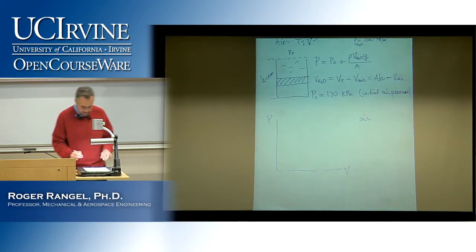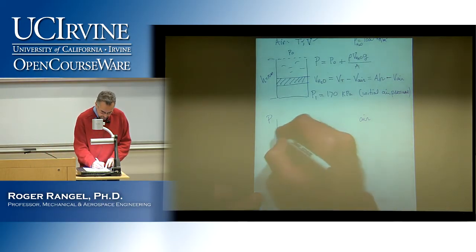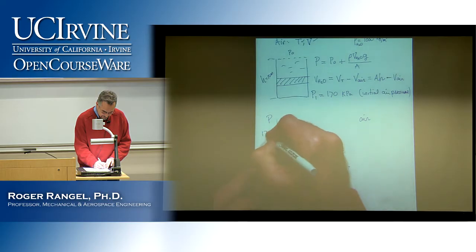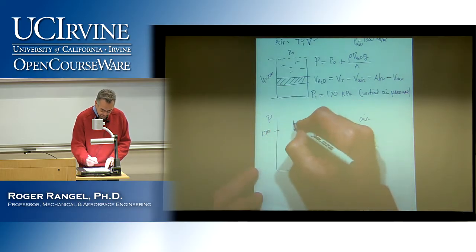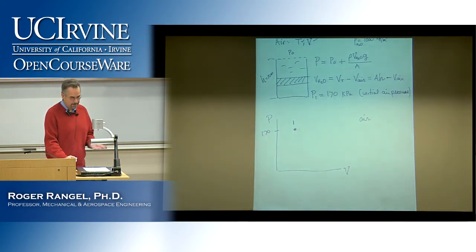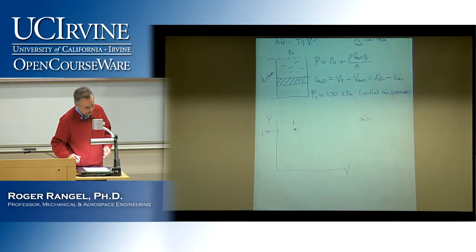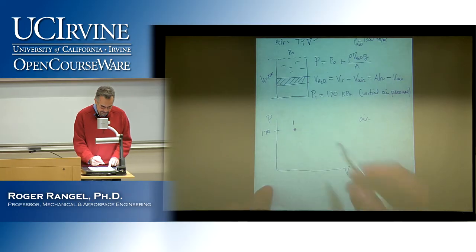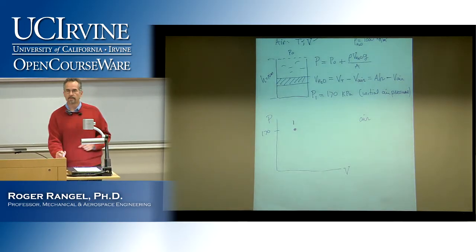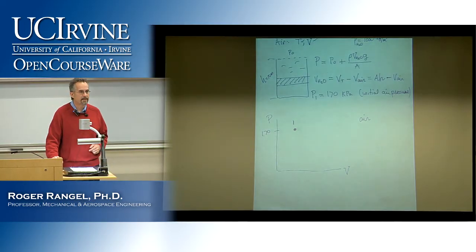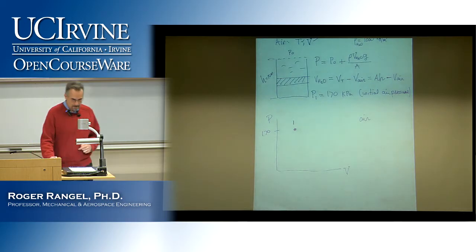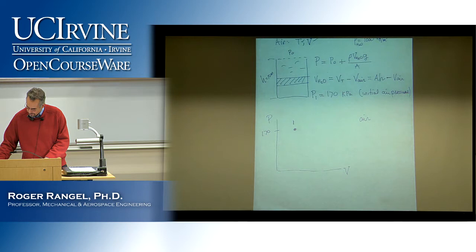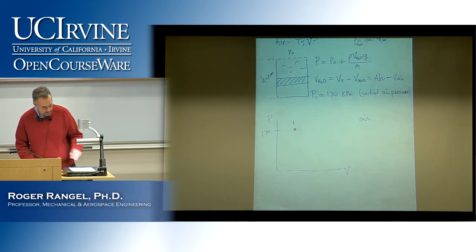I start at a certain pressure, which we just calculated to be 170. So this is state 1. And then where is it going to end? What do you think is the shape of the process path? It has to do with this equation right here.